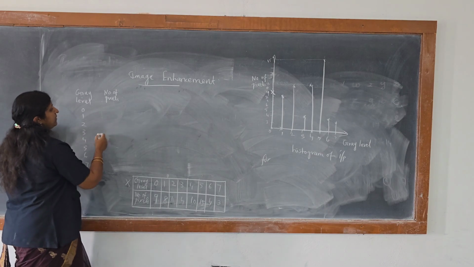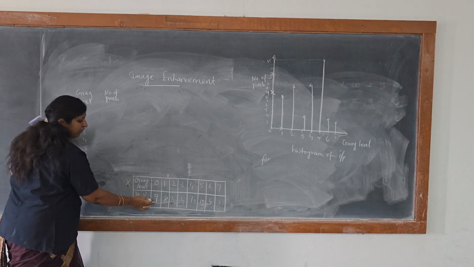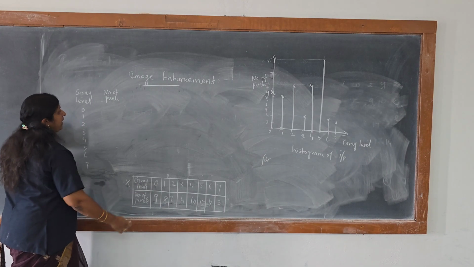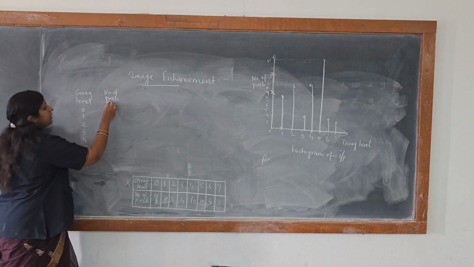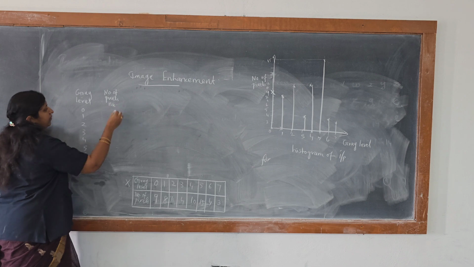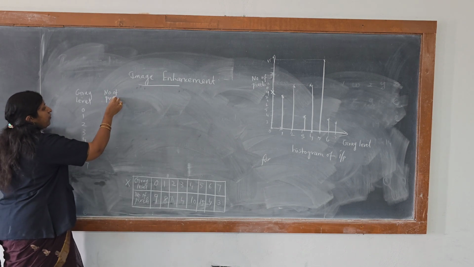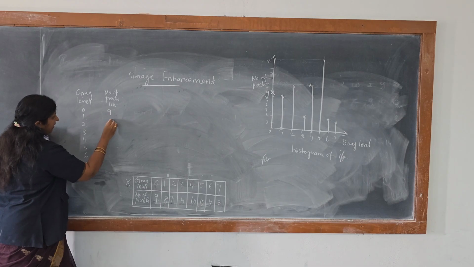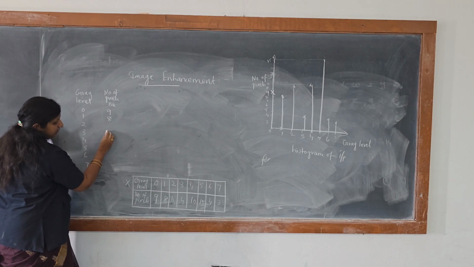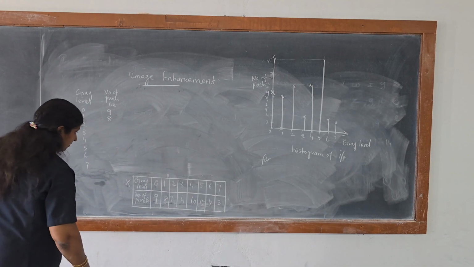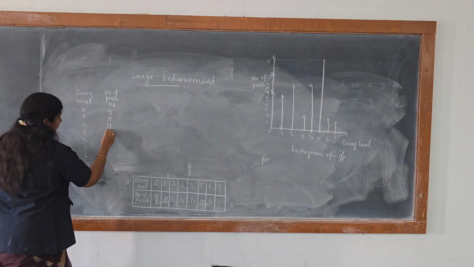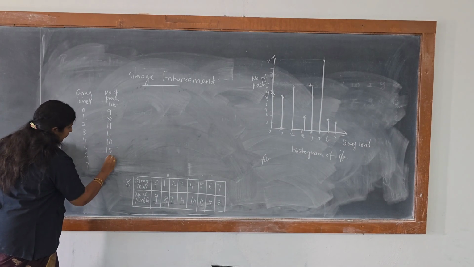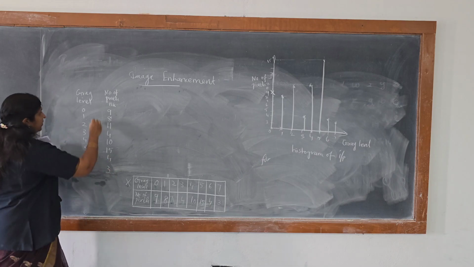The number of pixels is the number of occurrences of this intensity value in the given input matrix. This is represented as n of k. Here the values are 9, 8, 11, 4, 10, 15, 4, 3.